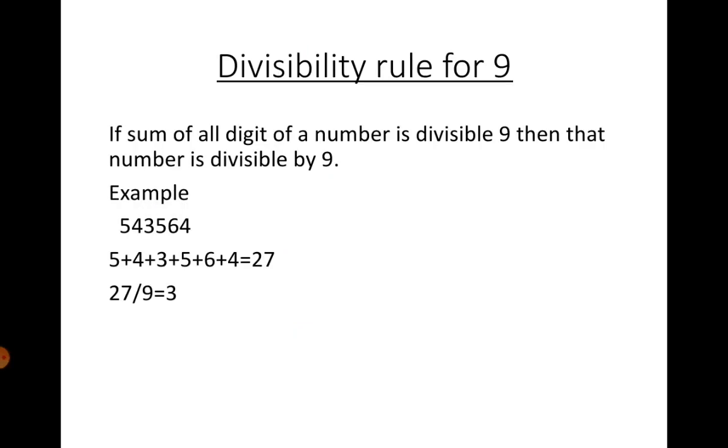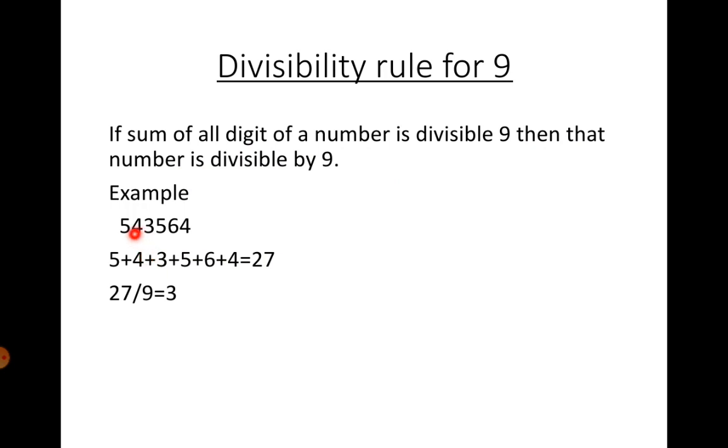Divisibility rule for 9. If the sum of all digits of a number is divisible by 9, then that number is divisible by 9. It is similar to the rule for 3. In the divisibility rule for 3, the digits of the whole number are added, and whatever the sum is, if it is divisible by 3, the number is divisible by 3. Here it must be divisible by 9.